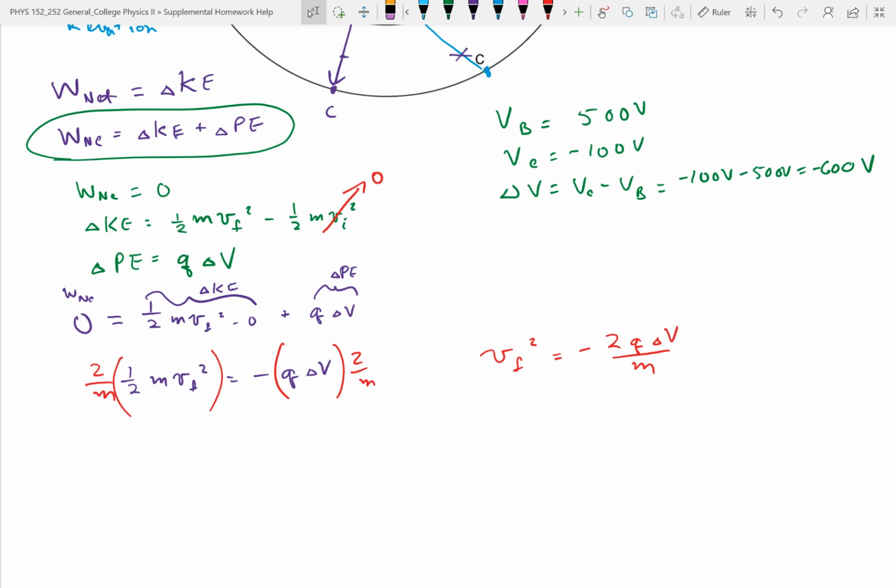So square root it. V final is equal to, technically there's a plus or minus when you take the square root, right? But we're just looking for how fast it's going. We're not worried about the direction, so we get rid of that plus or minus. It's a proton, right?